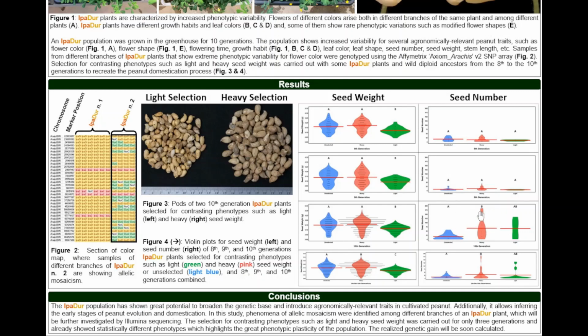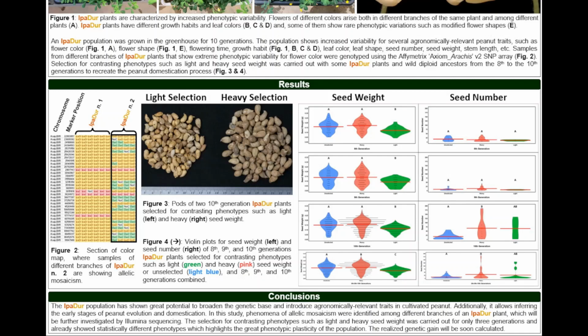This is really cool because this means that we have plants selected for heavy seed weight which also produce a lot of seeds. So there are potential genotypes for germplasm release.